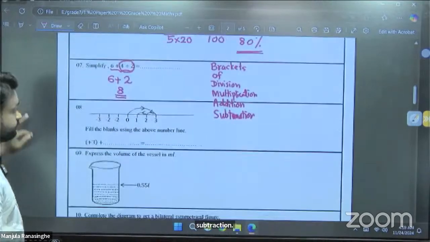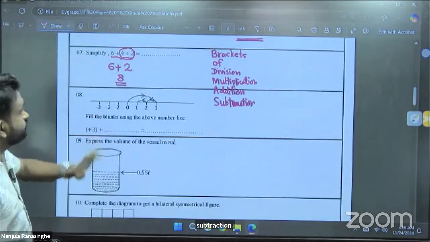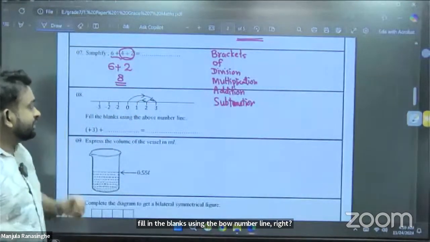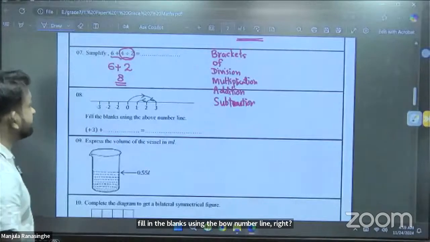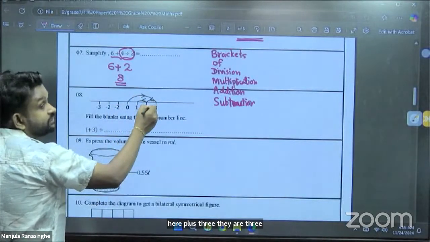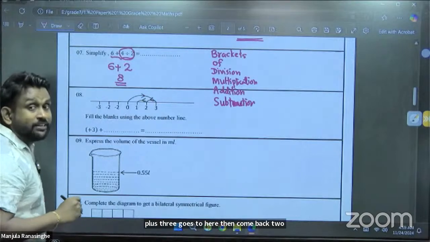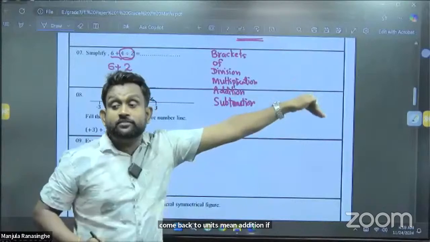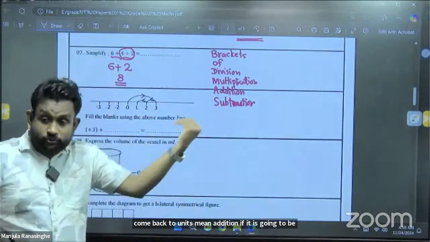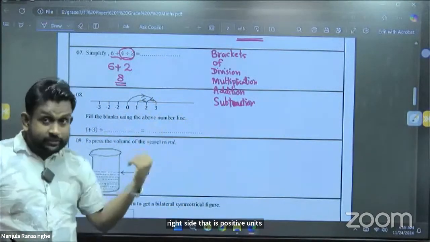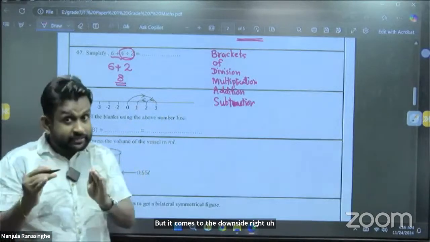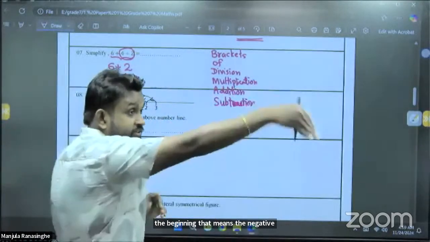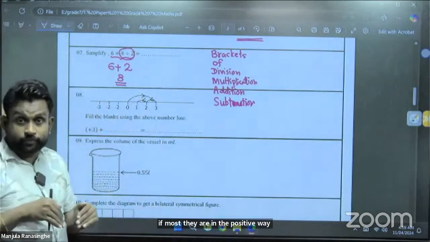Remember that one. Fill in the blanks using the above number line. Right here plus 3, then right here plus 3 goes to here, then come back 2 units. Coming back 2 units means addition. If it goes to the right side, that is positive units, but if it comes back to the downside, that means negative addition, because the direction changes. If it goes there in the positive way and comes back, it means negative.